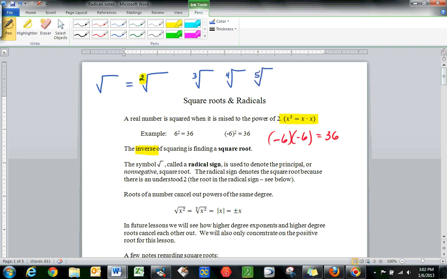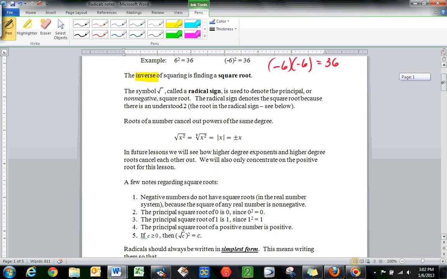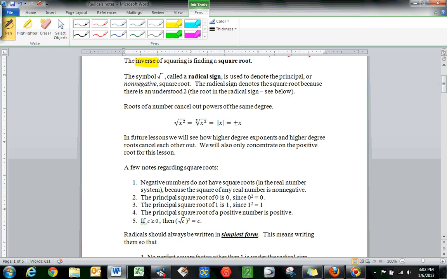And as we said before, whenever we use the radical sign, we're actually using the inverse property, and basically a square root undoes a square, a cube root undoes a cube, and so forth. So we're going to focus mostly on square roots right now, as that's what we're going to be focusing on in Chapter 5.